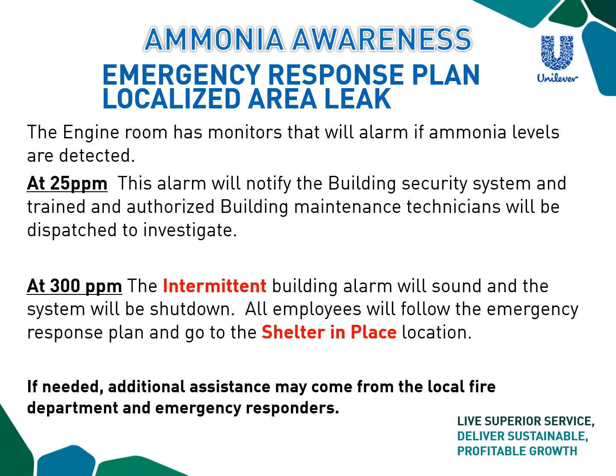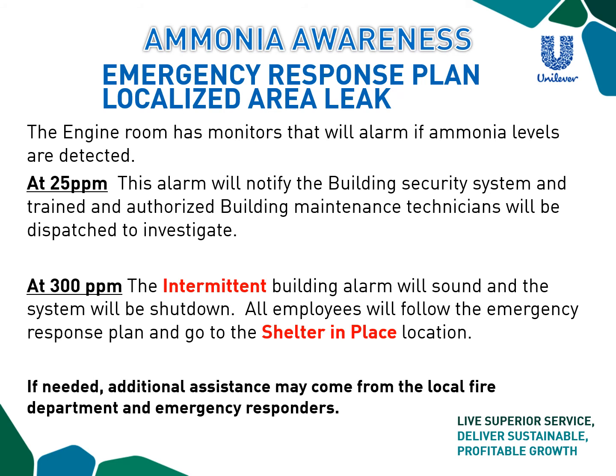All employees will need to follow the emergency response plan and then go to that shelter-in-place location that we talked about earlier. At the higher concentration, if we need assistance to troubleshoot the leak or to fix the system, we'll likely have to call the local fire department or a hazmat response team that has the right PPE to come in and respond to that leak.